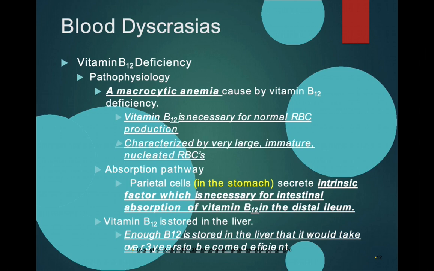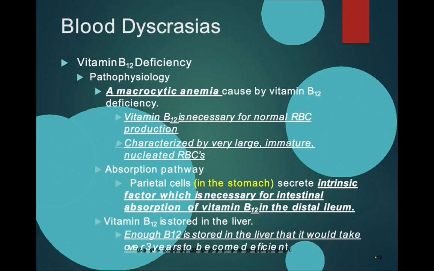So B12 is needed for normal red blood cell production and is characterized by very large, immature, nucleated red blood cells. Remember, red blood cells are anucleated. They don't have a nucleus.